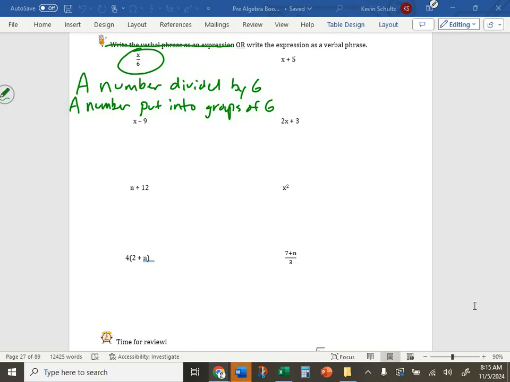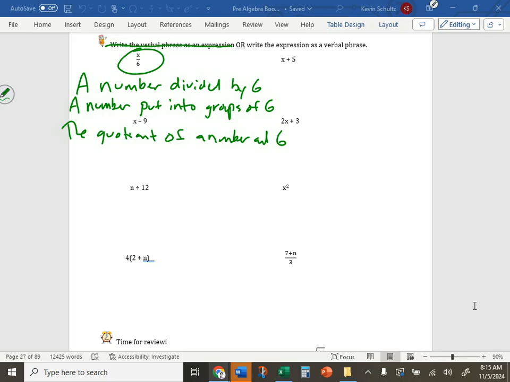Good. What else could you do? Just for funsies, let's use the word quotient. How can we use the word quotient here? The quotient of a number and 6. Good.